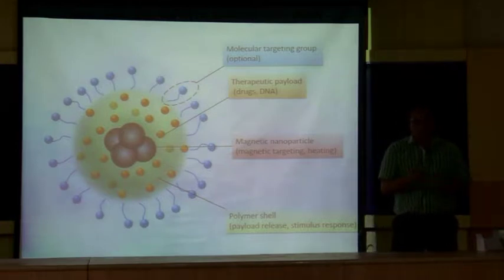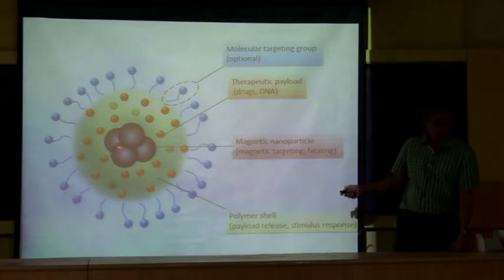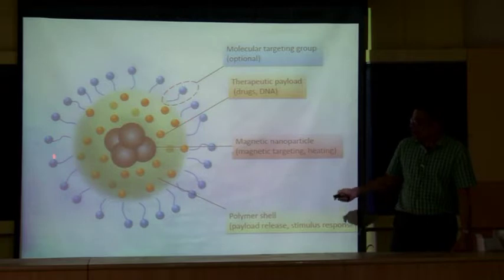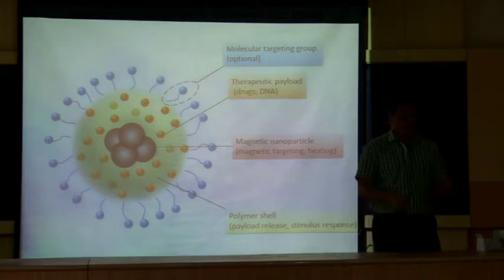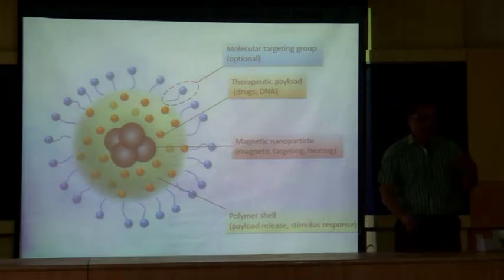To be more specific, we take iron oxide as the core and we take a polymer which is thermosensitive. Thermosensitive means it responds to temperature, and in this particular case, as the temperature increases, it will collapse above a certain temperature.